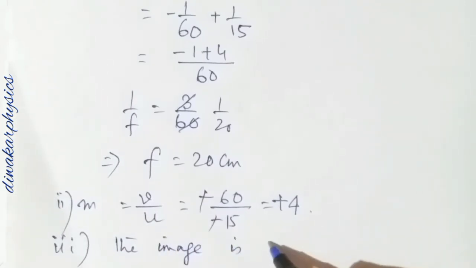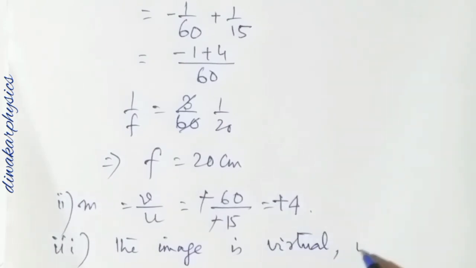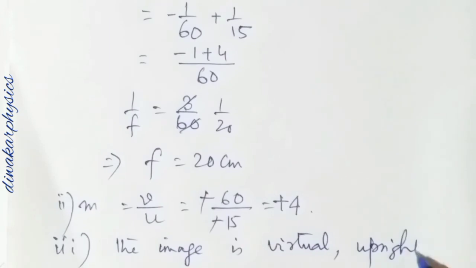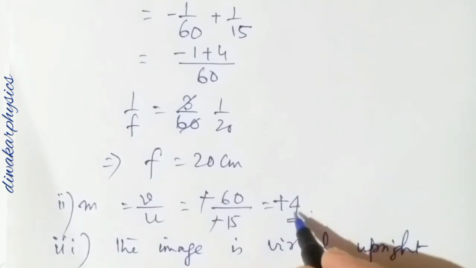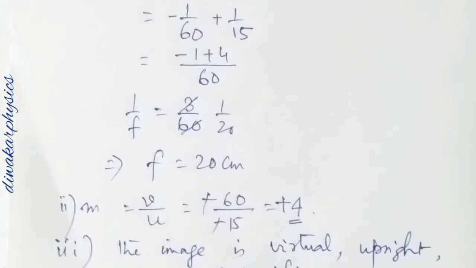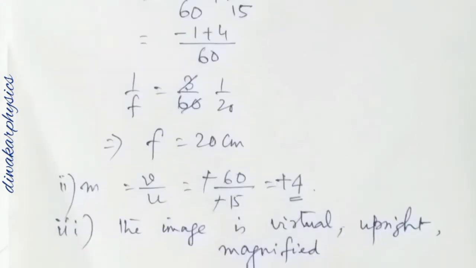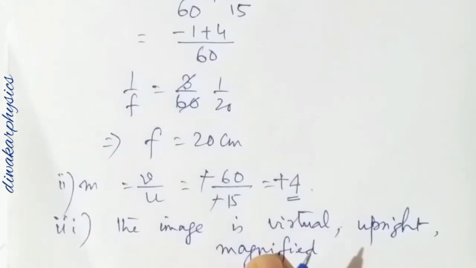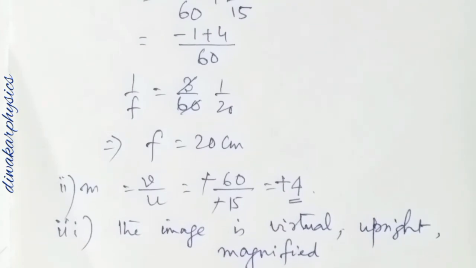The image is virtual, upright. And if you see the value, magnitude 4 is coming, so it is magnified. So these are the nature of the image, and this is the size of the image. So sometimes they may ask you the size also, magnified you can say. Okay, so this way you can solve these questions 4, 5 and 6. Thank you.